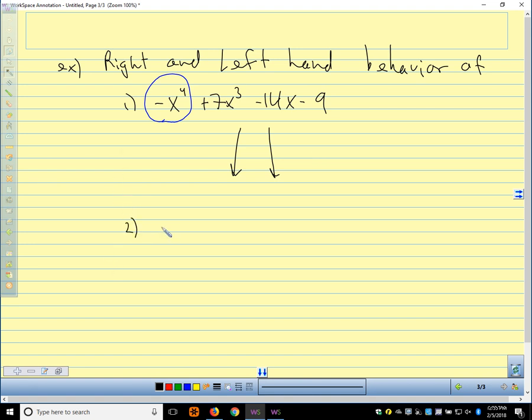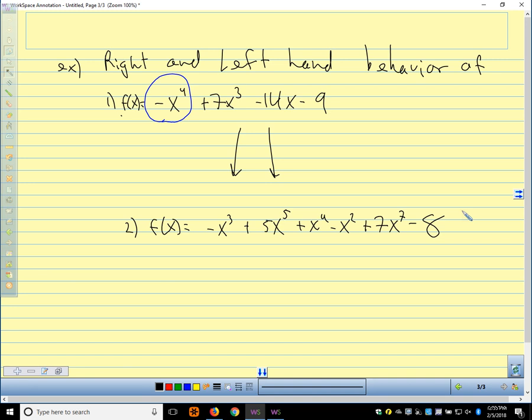How about, I'm just going to write f of x equals, just to make myself feel better. All right, so we want the right and left-hand behavior of this thing.